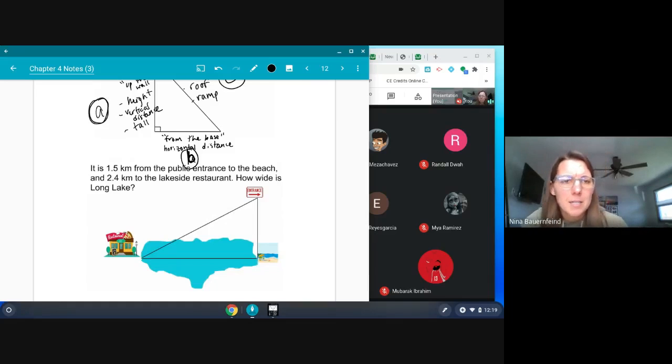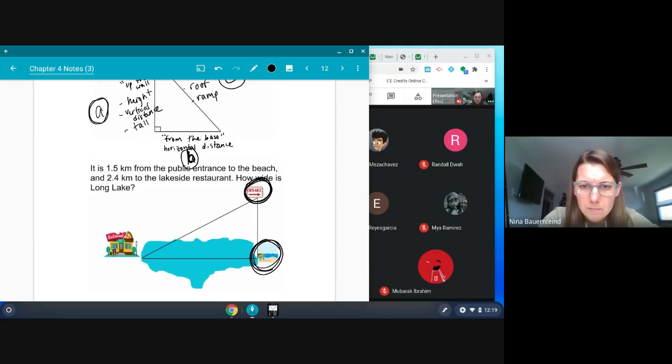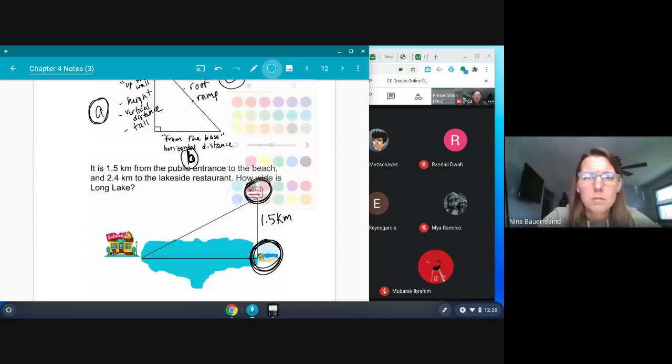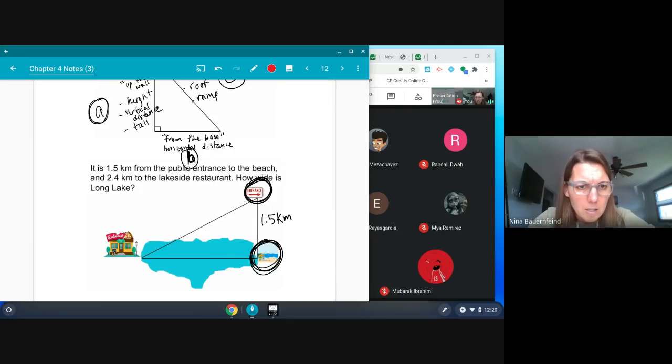It says it's 1.5 kilometers from the public entrance, so here, from here, to the beach. The beach is this one. It is 1.5 kilometers from there to there. And 2.5 kilometers to the lakeside restaurant.